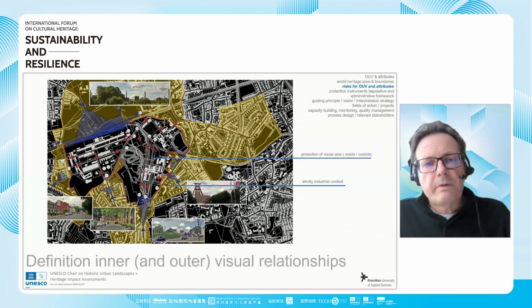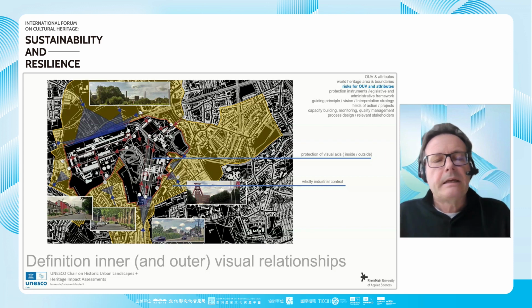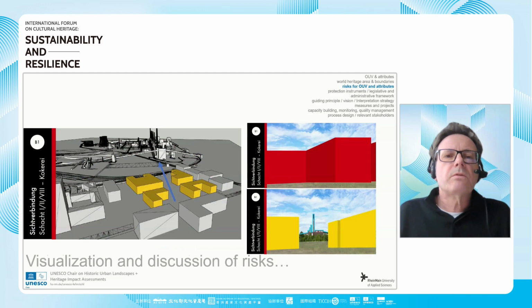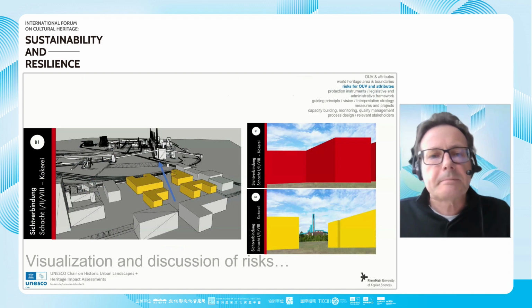In doing so, we identified sightlines on this mining plant from the inner side, but also from the outside, from the wider setting. And we were then able to visualize what these redevelopment options would mean in terms of the visual integrity of the site.